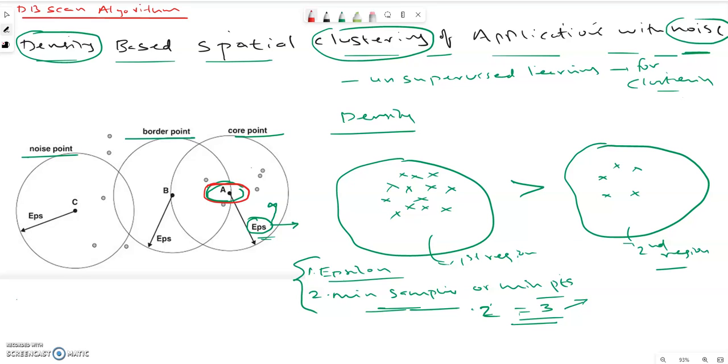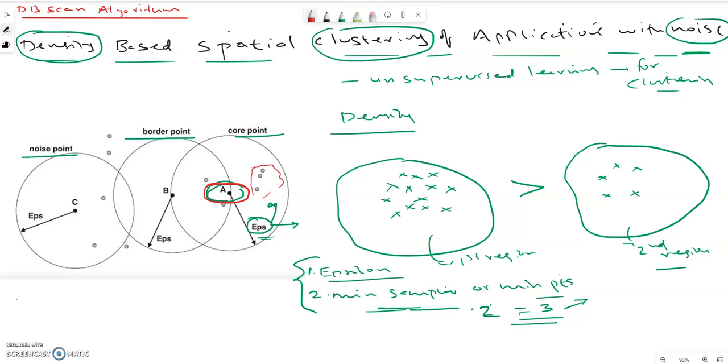When we say it is a core point, it should satisfy one condition: the number of neighbors must be greater than or equal to our min samples. You can see here we have our min samples as 3, which satisfies the condition, hence we can say this is our core point.